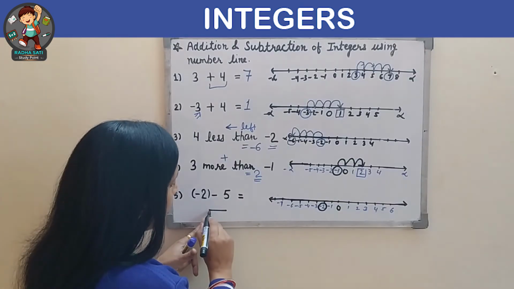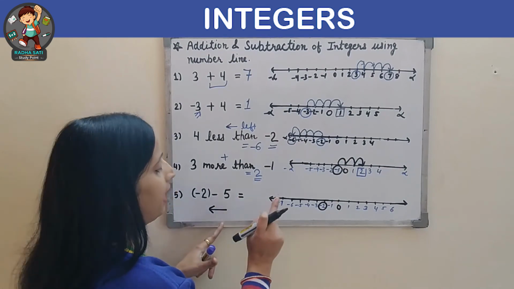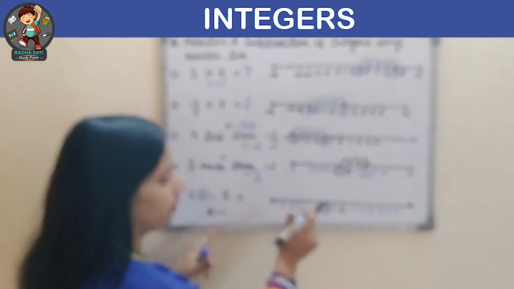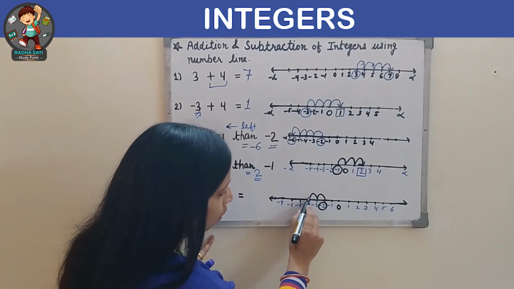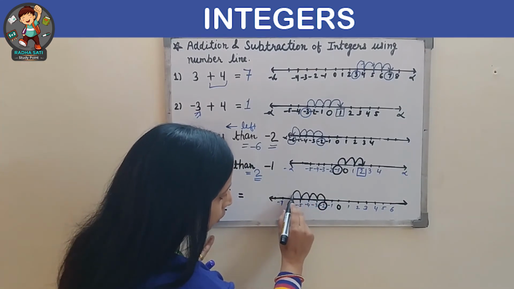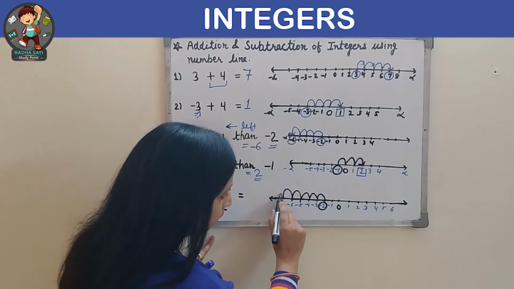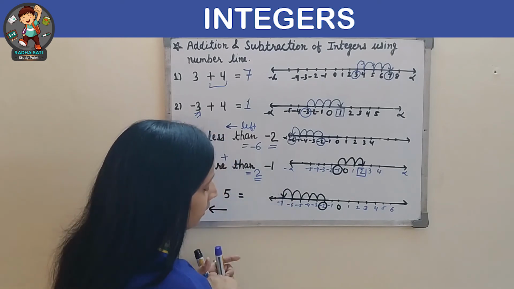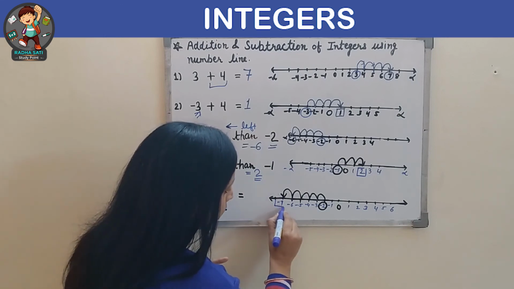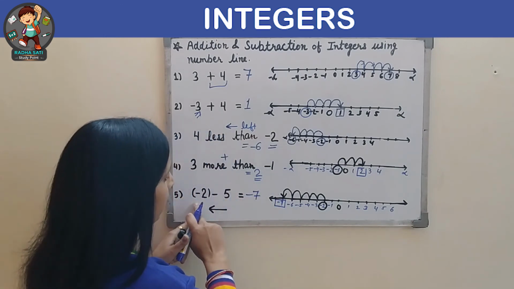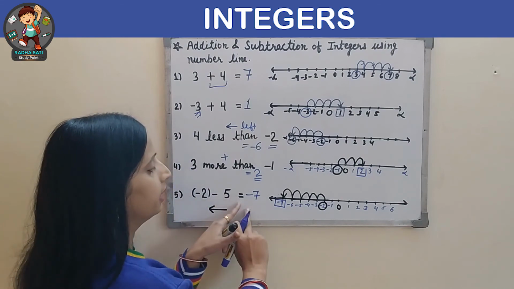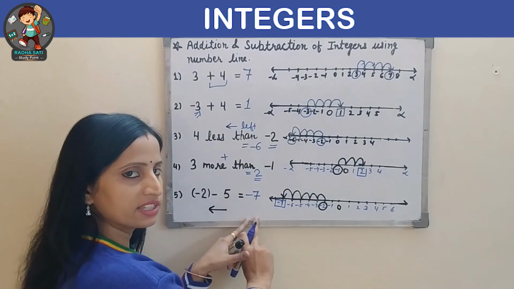This means we will shift leftwards on the number line by 5 jumps. So 1, 2, 3, 4 and 5. When we took 5 jumps, we reached at minus 7. So minus 2 minus 5 will be equal to minus 7.